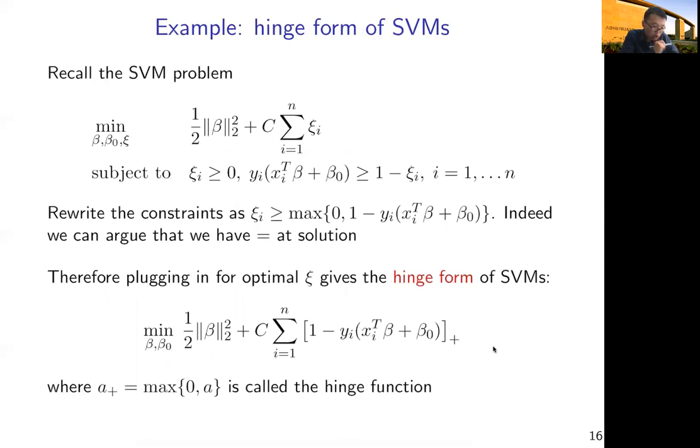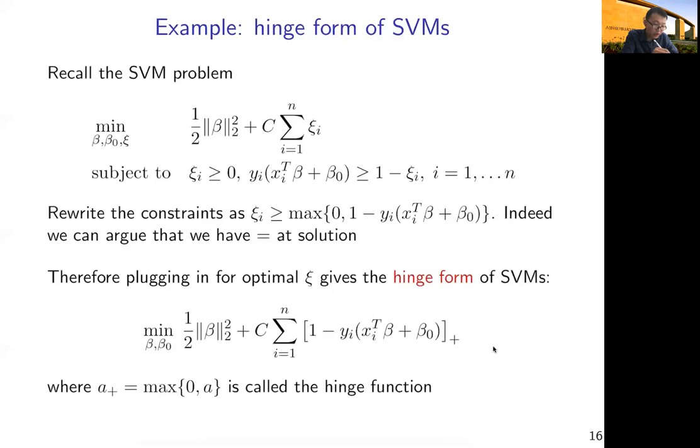So suppose we can rewrite the constraints like this, and then we can replace the slack variables in the objective function with this function: max of 0 and 1 minus this quantity.